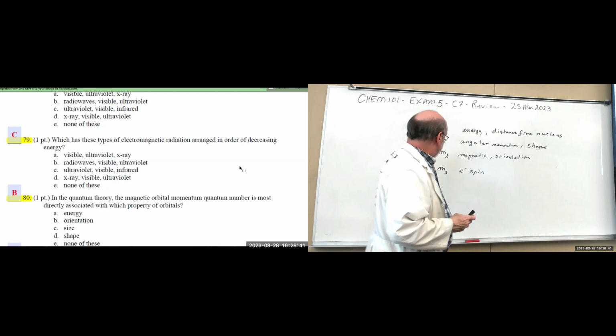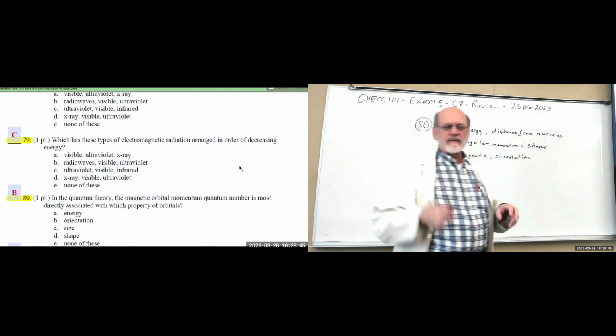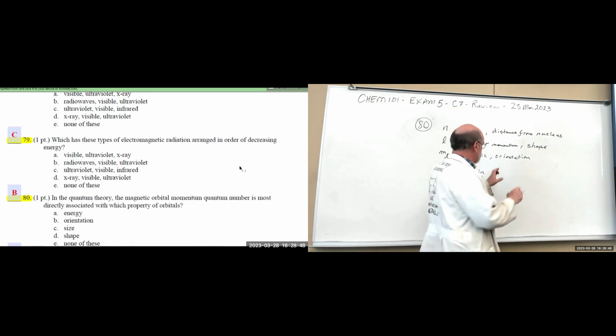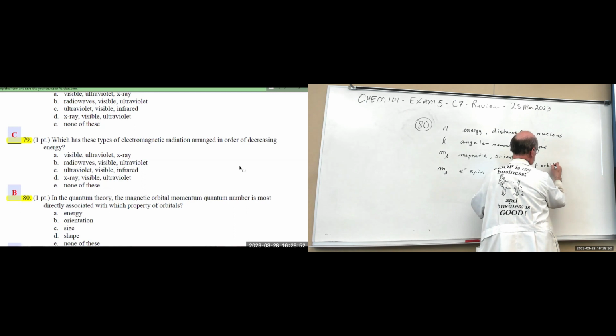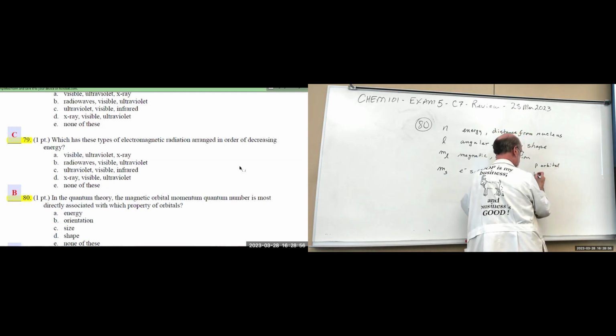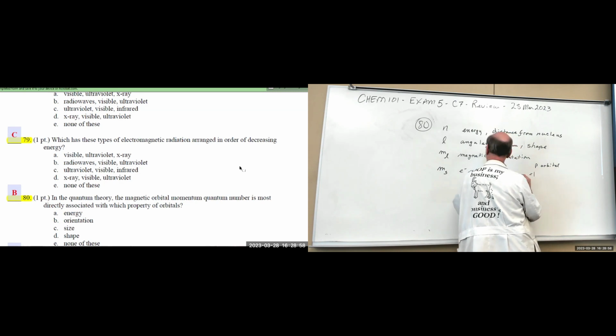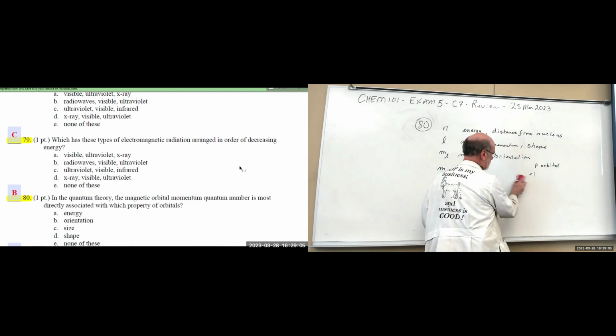Okay, so the magnetic is associated with orientation in space. The best way I think of it is for the p orbitals. Right? P orbitals have l equal to 1. Sorry.